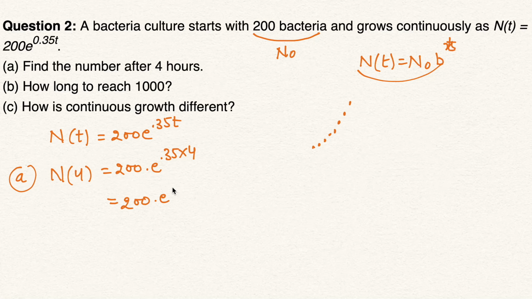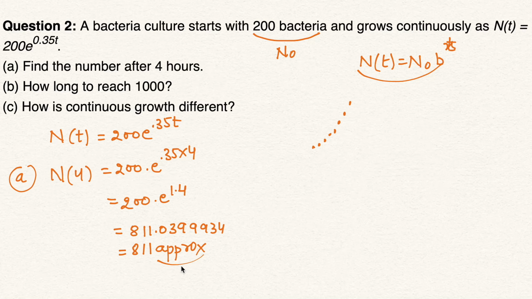So this is 1.4, and if you multiply, that is 811.399934. Now because this is bacteria, it has to be a whole number, so we are rounding it off, and because it's not the exact number, we will mention it as approx. We will mention this word.